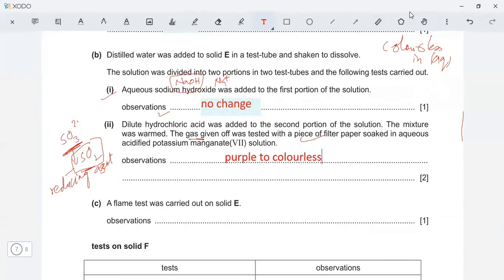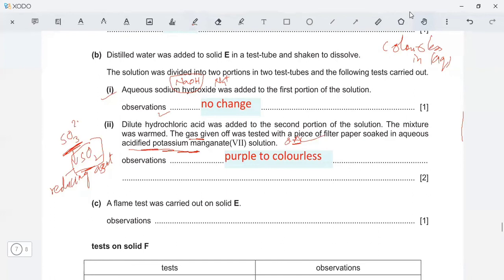Why? Because potassium manganate is an oxidizing agent. So you can see acidified potassium manganate is an oxidizing agent, so the color observation you will find is the purple color changing into colorless.